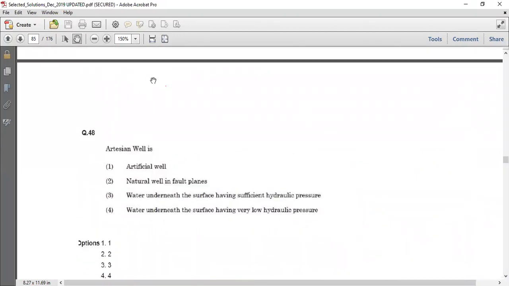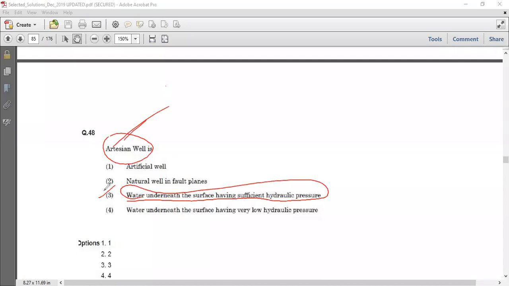According to the given options, the third is the correct answer. Water underneath the surface having sufficient hydraulic pressure, such a well is called an artesian well.